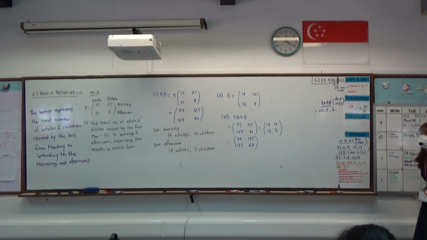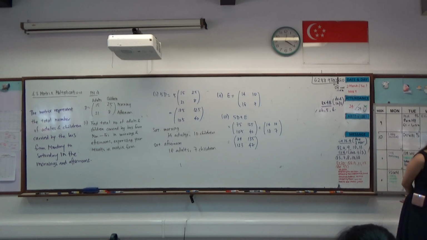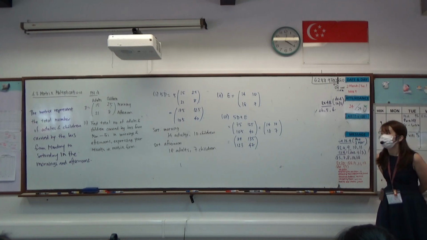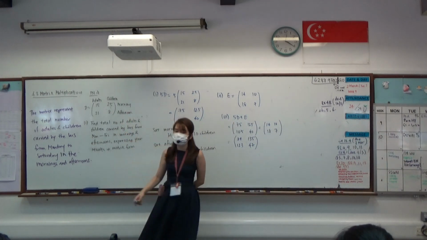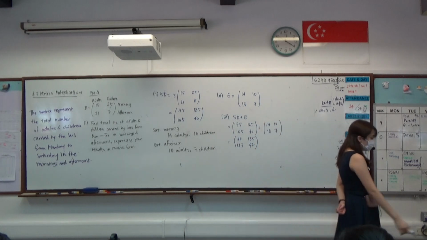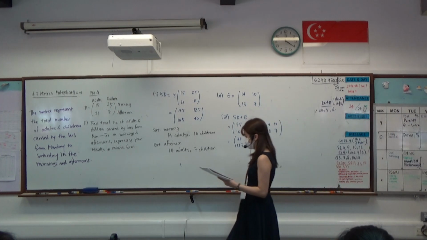In this question, one way to help yourself in describing the matrix is to look at how they describe it for D. At the start of the question, there is a description, so you can rely on that statement to form your sentence, rather than stress yourself out creating it from scratch.